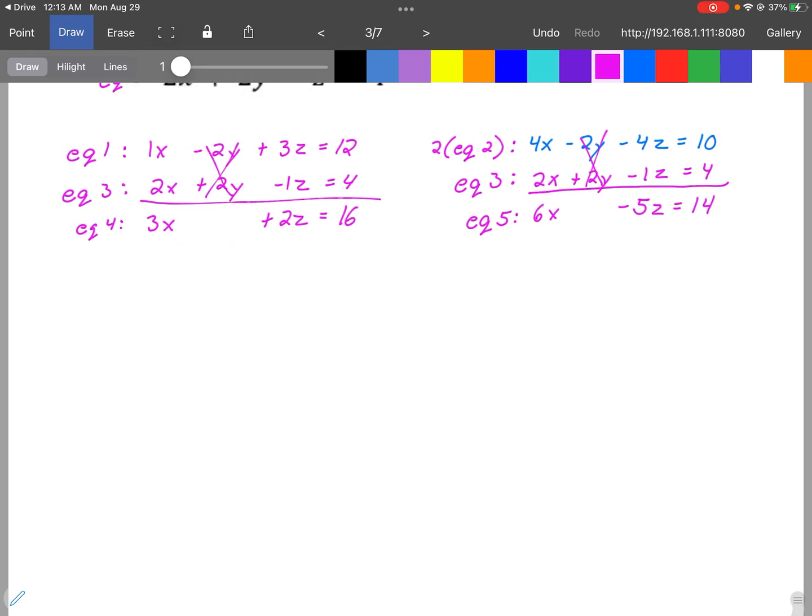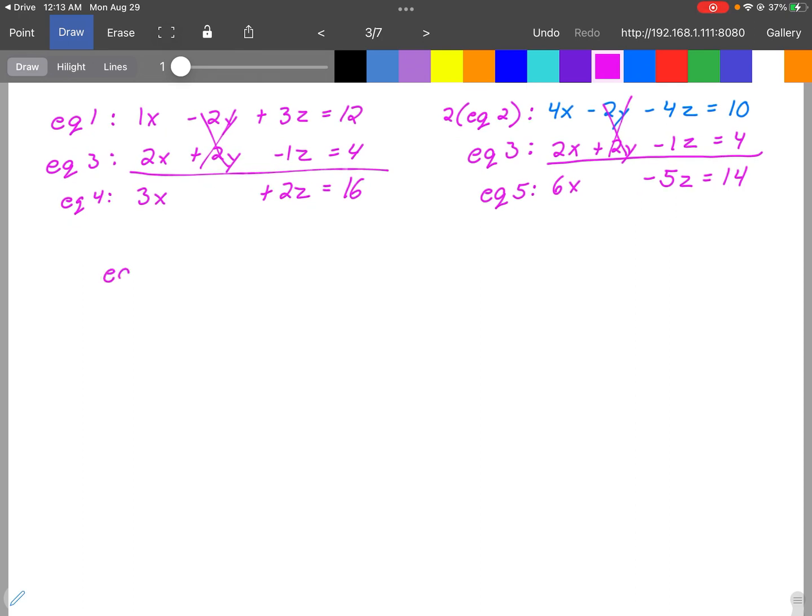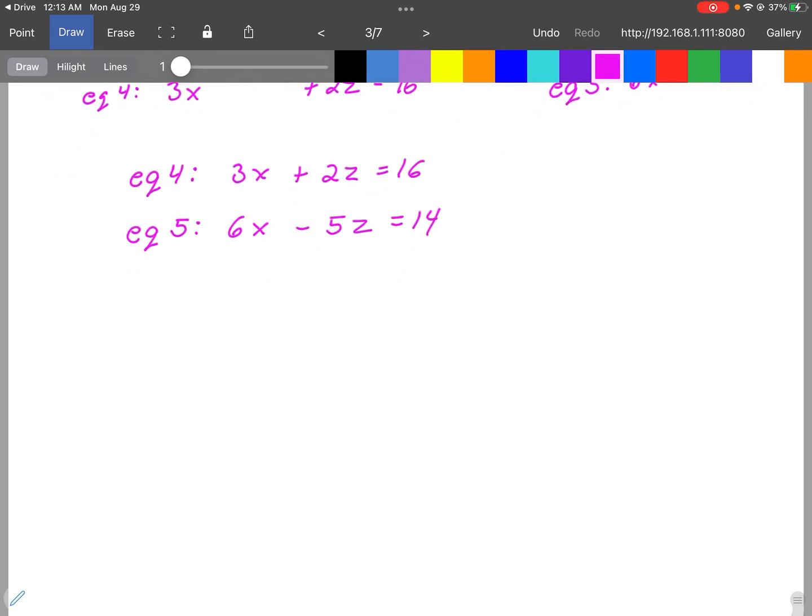Okay, so now I want to rewrite equation 4 and 5 in its own system, and then we'll look at how to solve that best. So equation 4 was 3x plus 2z equals 16. Equation 5 is 6x minus 5z equals 14.